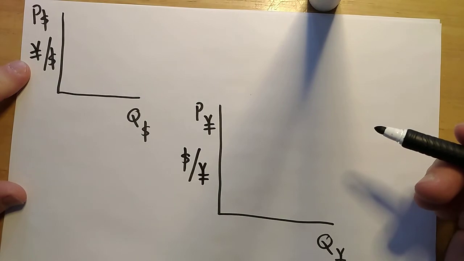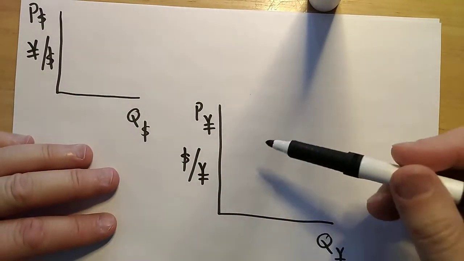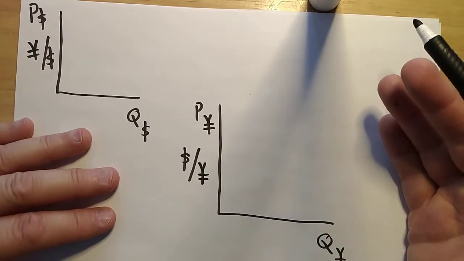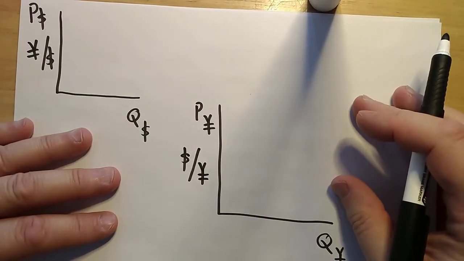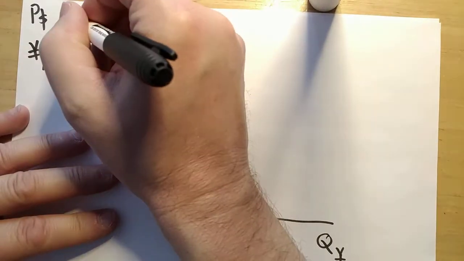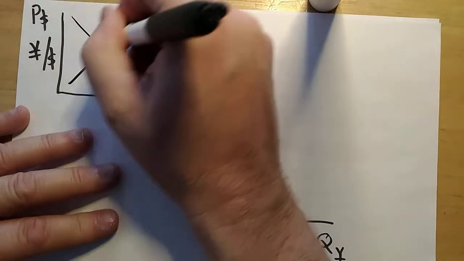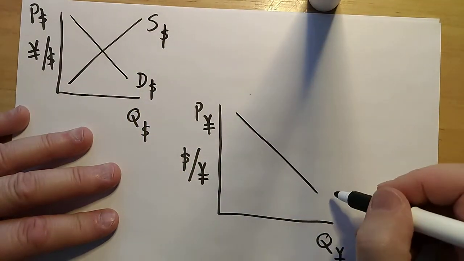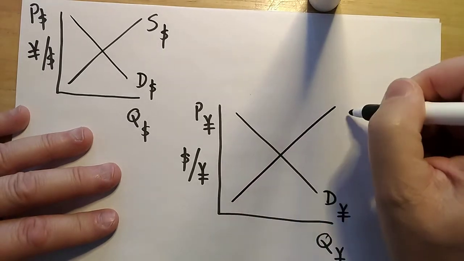So what the book needs to do and doesn't, and probably because it's more complex, but if you don't make it complex enough to get it to work, I'm not sure what good it is to have the diagram, and I don't think that they've got enough detail in there. What happens in the real world is that there's a demand for dollars and a supply of dollars. And there's a demand for yen and a supply of yen.